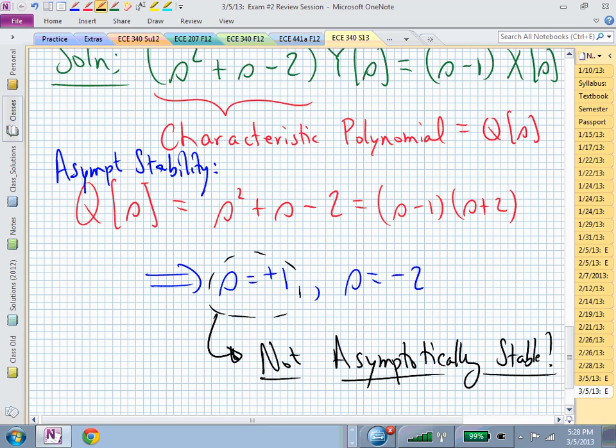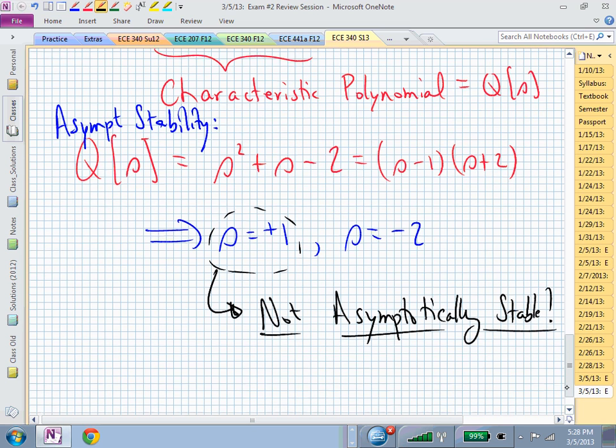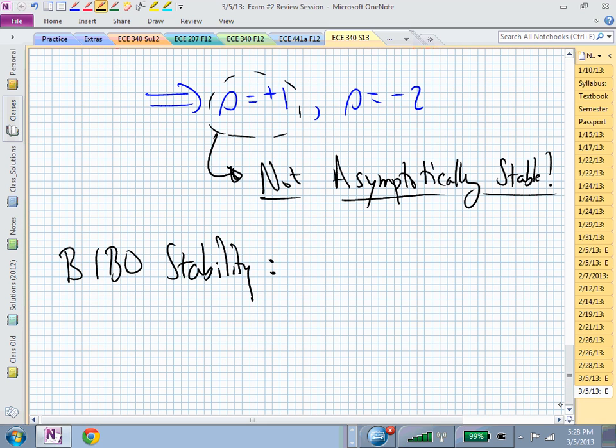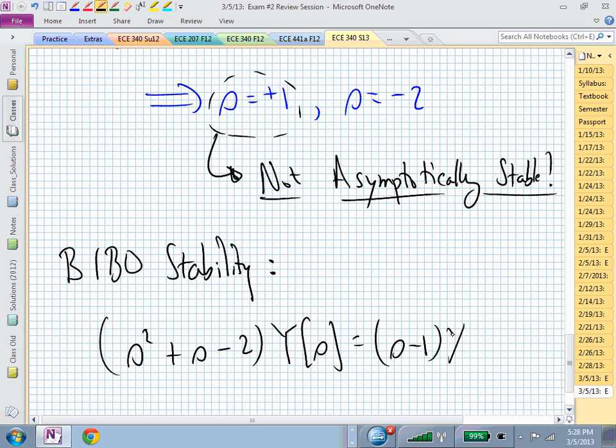So now if we say, well, what about the input-output stability or the BIBO stability? This is now where we have to worry about possible pole zero cancellations. We had the system that was s squared plus s minus 2 times Y of s equaling s minus 1 times capital X of s.